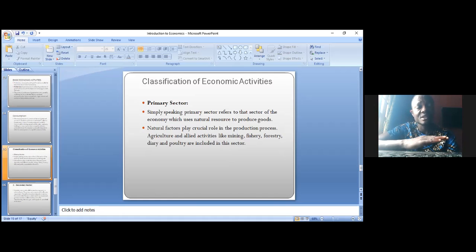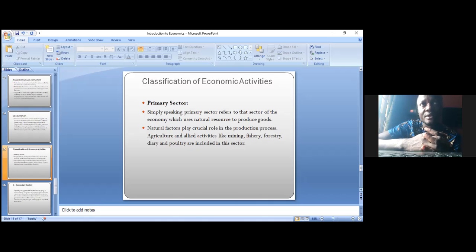The tertiary sector is talking about the service sectors like banking, insurance, trading, consulting. They provide service to the economy in order to make economic activity move faster. So that's why we have different levels of the economy. If you are talking about the goods aspect, it's one side. If you are talking about the services aspect, it's another aspect of it. Telecommunication is under the tertiary sector, where they produce service to the nation.